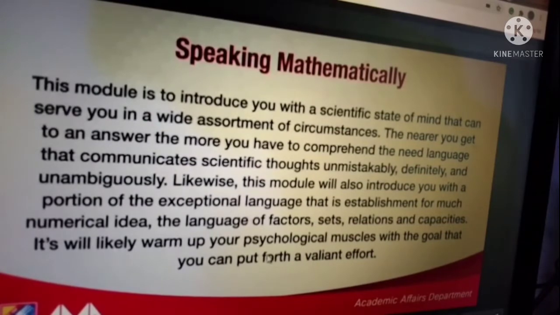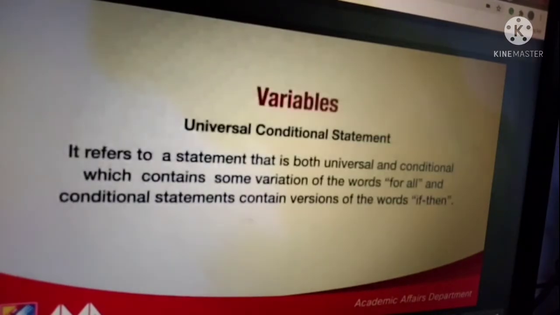Likewise, this module will also introduce you with a portion of the exceptional language that is establishment for much numerical idea, the language of factors, sets, relations, and capacities. It will likely warm you up with your psychological muscles with the goal that you can put forth in a valiant effort. Let us study variables.